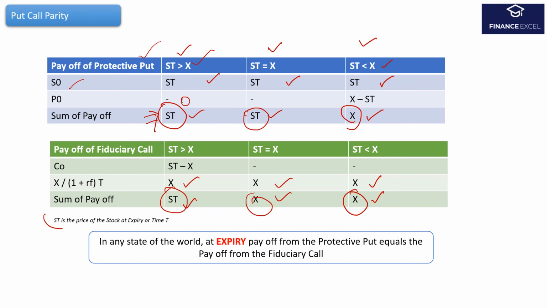No, guys, please note ST is equal to X. So these two payoffs are also equal, because at the end of the day, when ST equals X, this payoff ST can also be written as X. So X is equal to X.